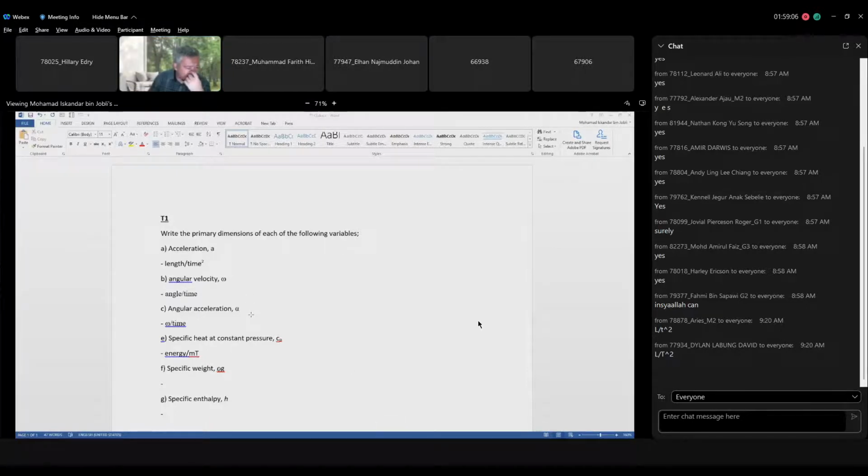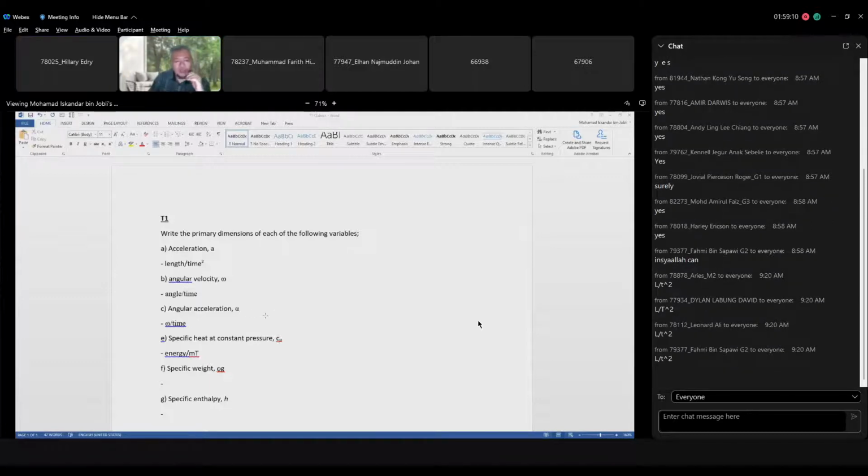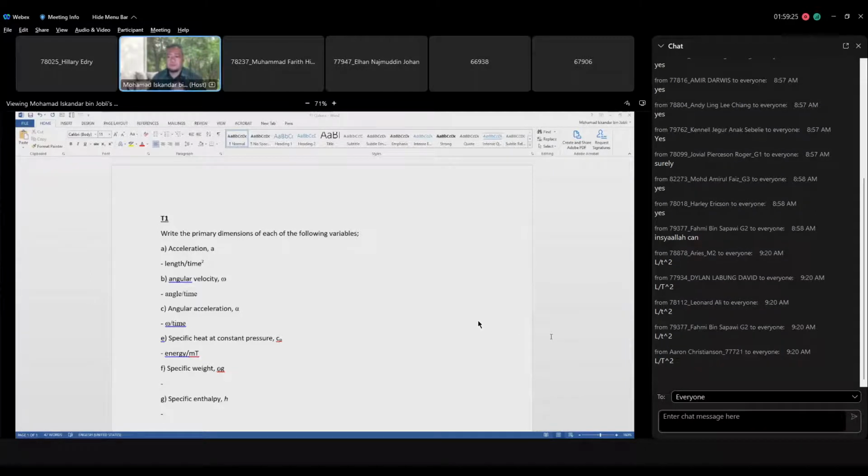Answer for acceleration, what is it? L over T squared. Okay, good one. The answer for the first one is L over T squared.